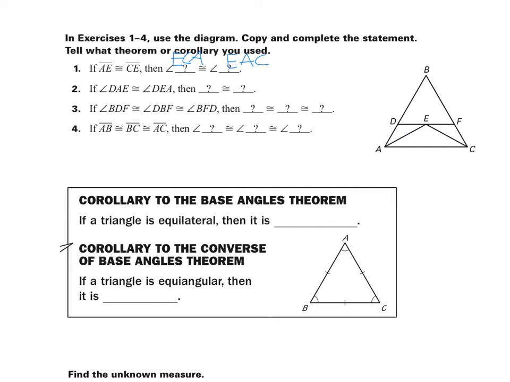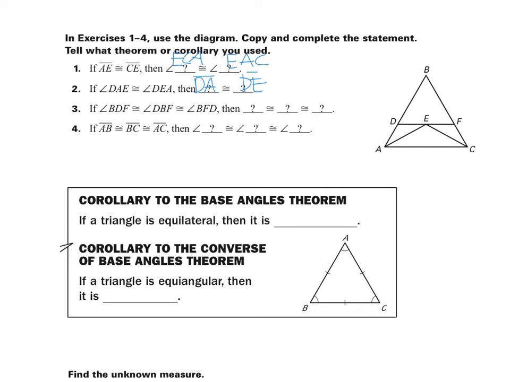If DAE, that's this little one here, is congruent to DEA, then the sides opposite would be DA and DE.